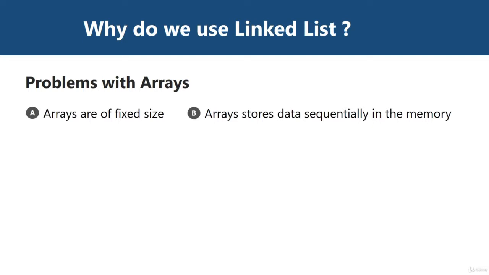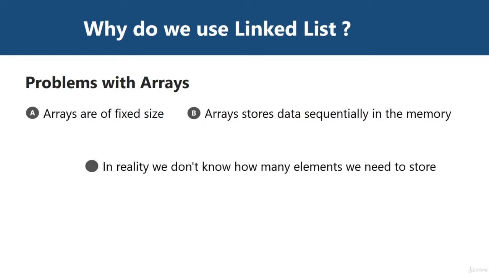So earlier I have created an array to store 5 elements. But now I have to resize the array to store 10 elements. We were not sure of how many elements the user needed for the array. If we are sure of the number of elements, then we can use arrays. So this is the problem or the limitation of using arrays in reality.